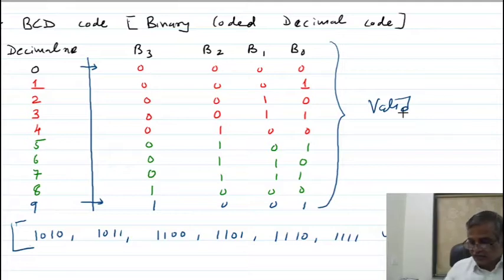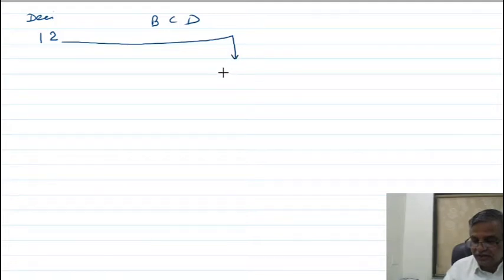See, I told you in a BCD code, each digit of a decimal number is represented by 4-bit binary. Suppose you want to write the BCD code of 12. Then 1 is represented by its 4-bit binary and 2 is represented by its 4-bit binary.